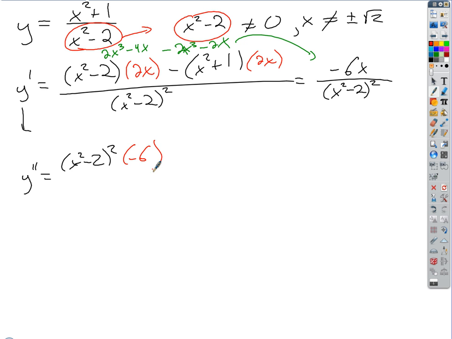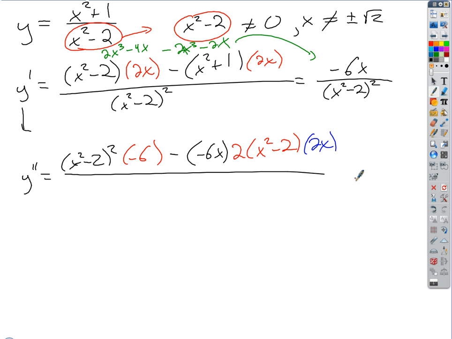Why negative? Minus negative 6x times. Good. So we had a 2-layer chain rule there, right? Good. All divided by the quantity x squared minus 2 to the 4th.